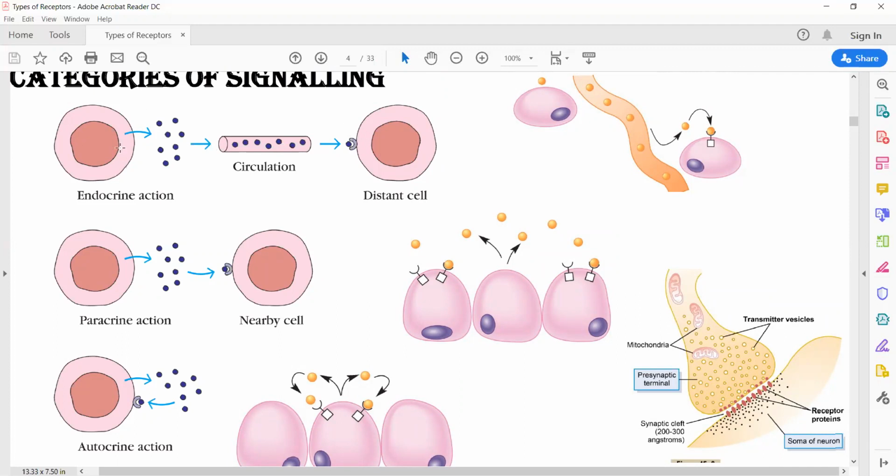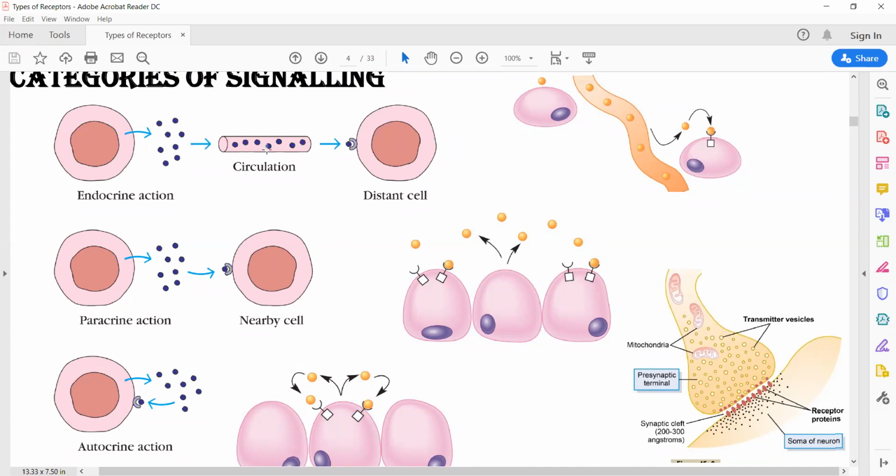So the endocrine system is very specific, secretes hormones. Hormones are circulated by the bloodstream, and on reaching their target cells, they recognize the target cells by the presence of receptors, or at times it so happens that hormones can directly diffuse into the cell. There are two mechanisms. We'll talk about this later on.